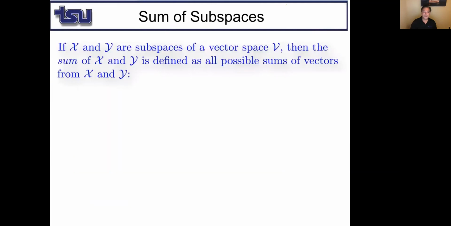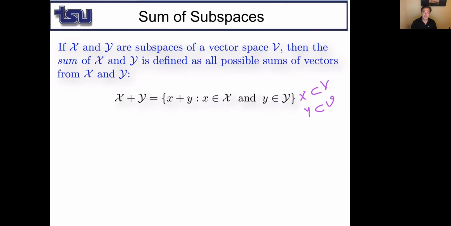All right, let's talk about the sum of two subspaces. Assume that X and Y are subspaces of a vector space V. That means X is a subset of V, but also a subspace of V. Y is also a subspace of V. Then the sum X plus Y is defined as all possible sums of vectors from X and Y. This is what I mean.